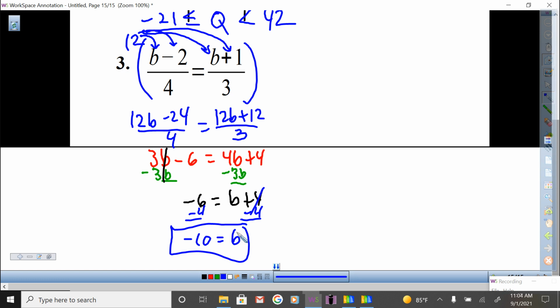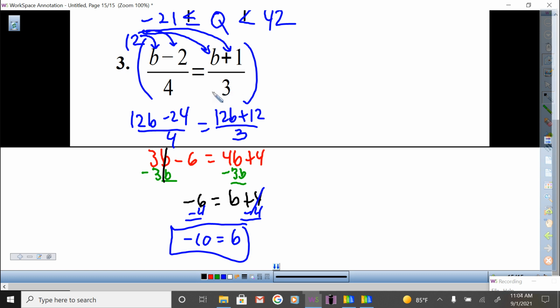Okay, good. Now, let me show you another way of approaching this, and this only works, pay attention to this part, when we have a fraction equal to another fraction. Look what I'm going to do. When we have a fraction equal to another fraction, all I have to do is cross multiply.